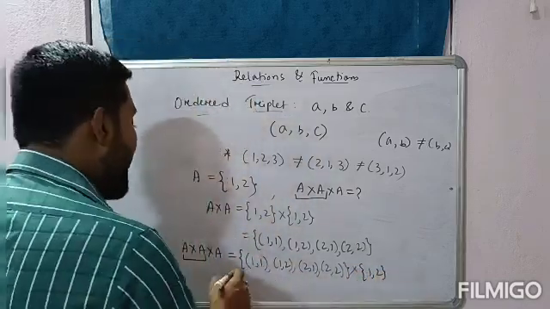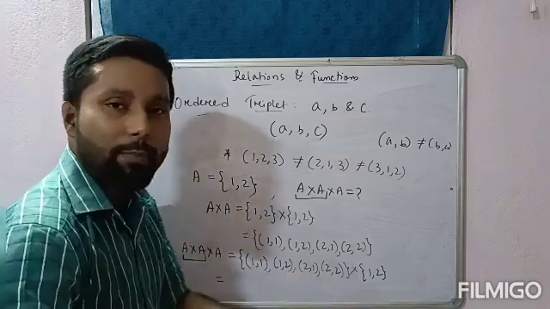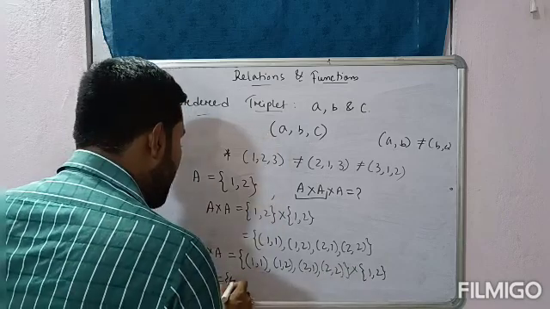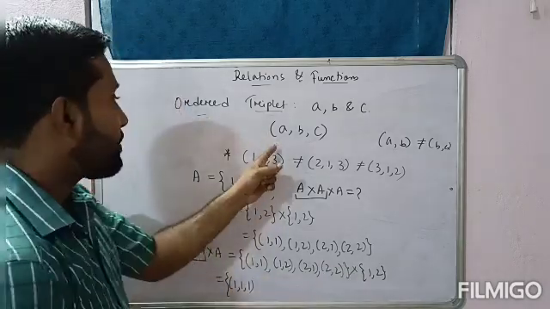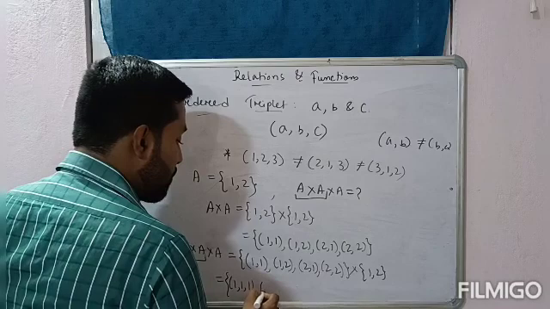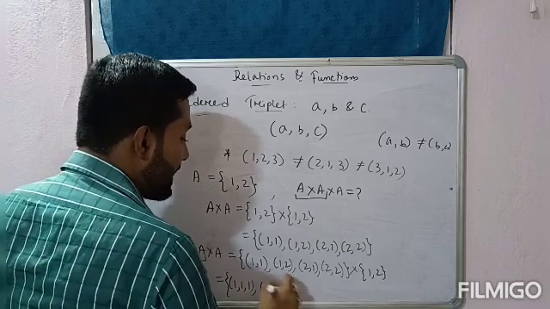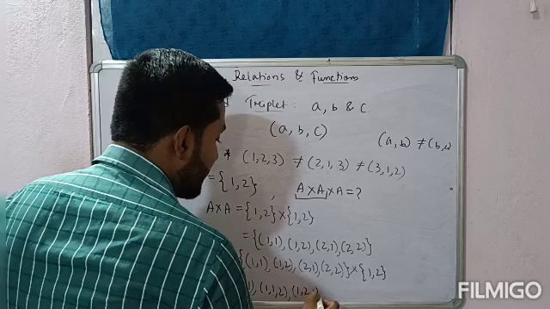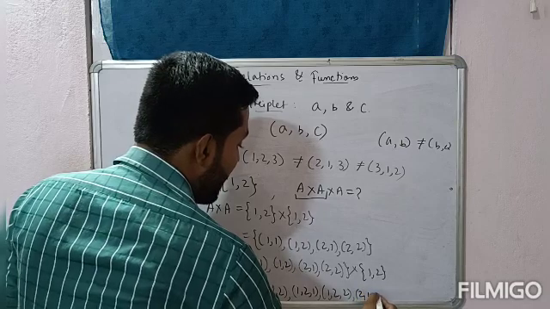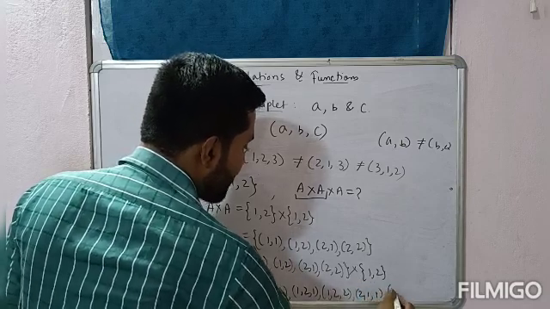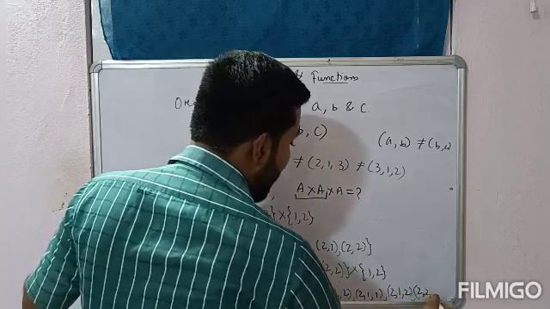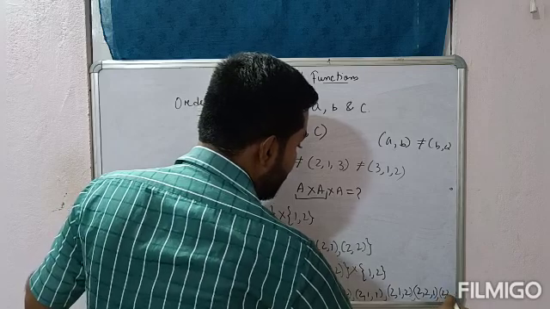All right, so now again if you multiply it, normal multiplication only, (1, 1) into 1, because ordered triplet is represented by (a, b, c), (1, 1, 1), (1, 1, 2). Next (1, 2, 1). Next (1, 2, 2). Next (2, 1, 1). Next (2, 1, 2). लास्ट पेयर के साथ अभी मल्टीप्लाई करूंगा तो (2, 2, 1) and (2, 2, 2).